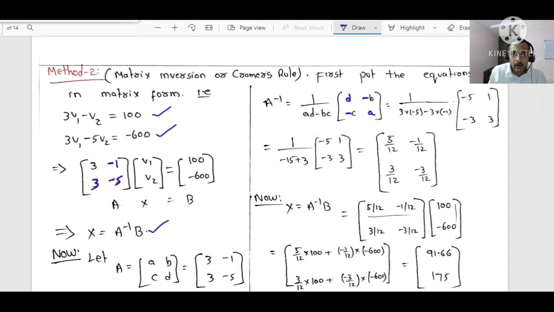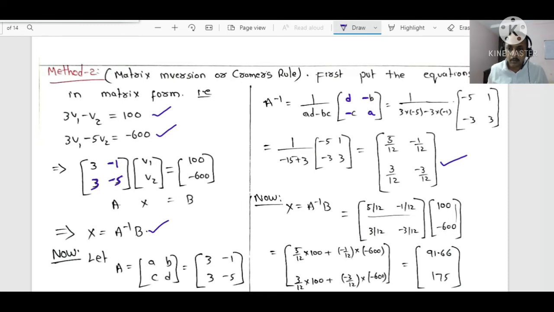This is where most students forget to change the signs of B and C. They interchange D and A and write 1 by (AD minus BC) correctly, but forget the negative signs. Please don't commit that mistake. So like that you will find the A inverse.